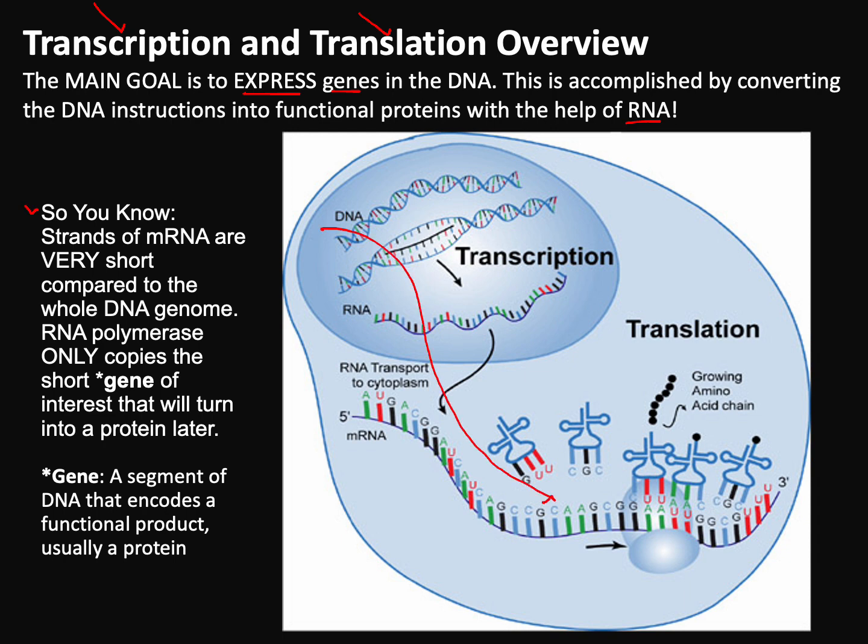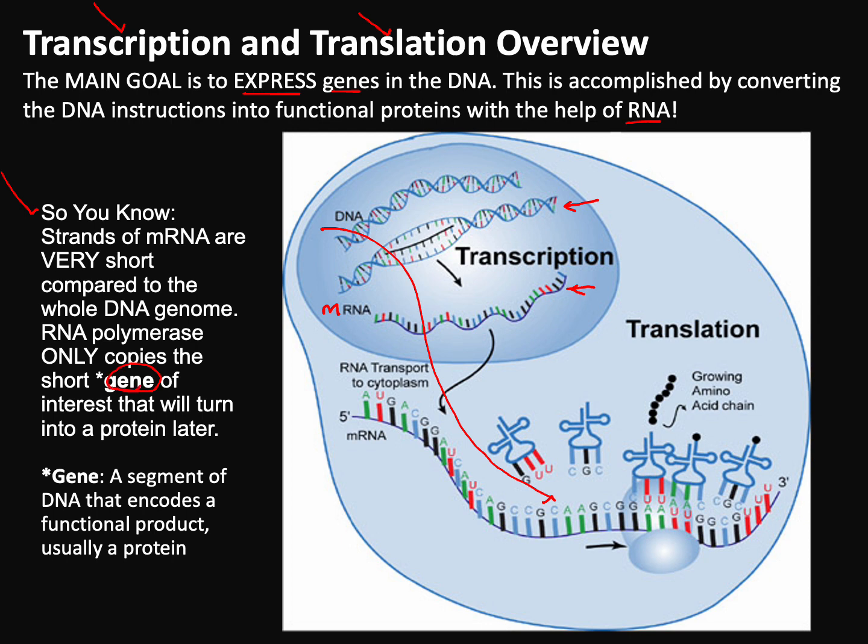And I want you to know that this image kind of makes it look like this RNA strand is the same size as this DNA strand, but that is not the case. RNA, this would be mRNA, these strands are actually very short because it's only a bit of the DNA genome. It's only coding for a gene within that genome.